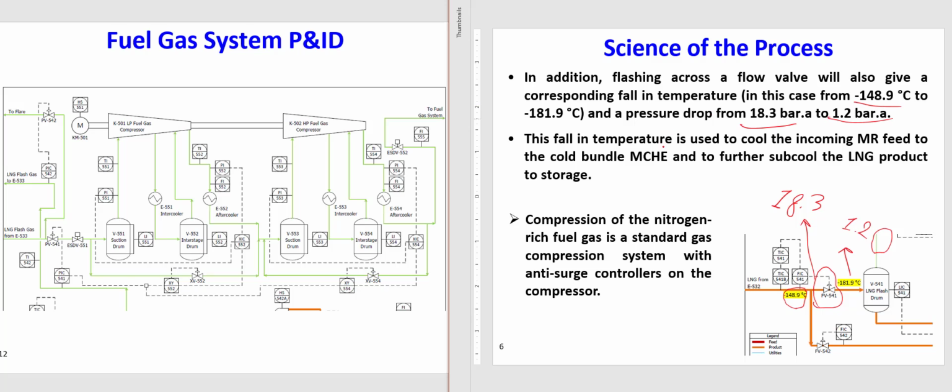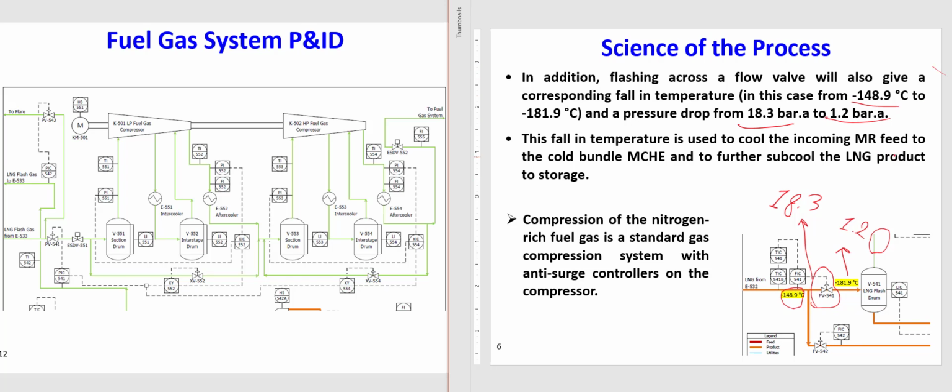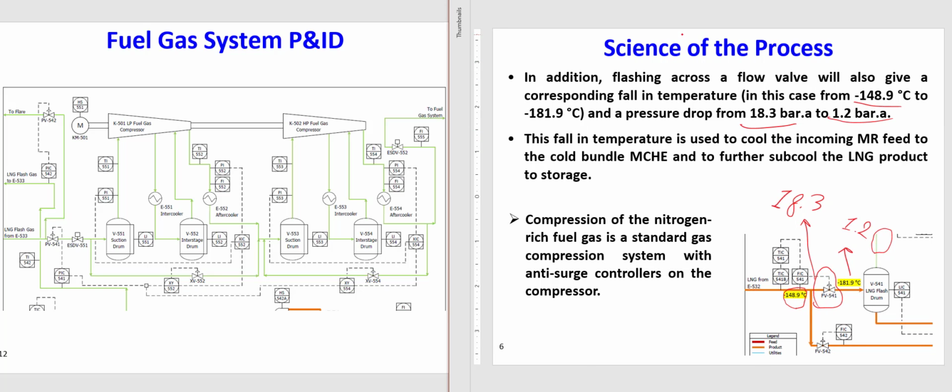So the fall in temperature here is used to cool the incoming mixed refrigerant feed to the cold bundle of the main cryogenic heat exchanger, to further subcool the LNG product. I can contact this vapor with the mixed refrigerant that is used in the cold bundle of the main cryogenic heat exchanger, one step before.